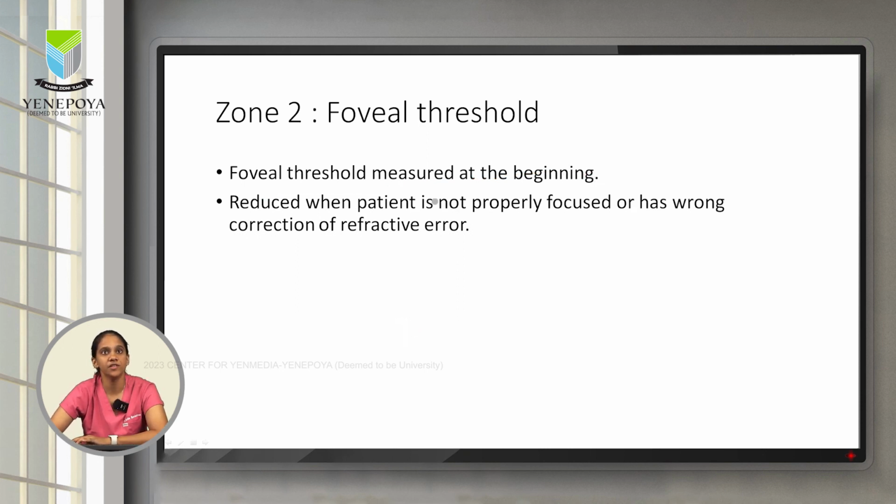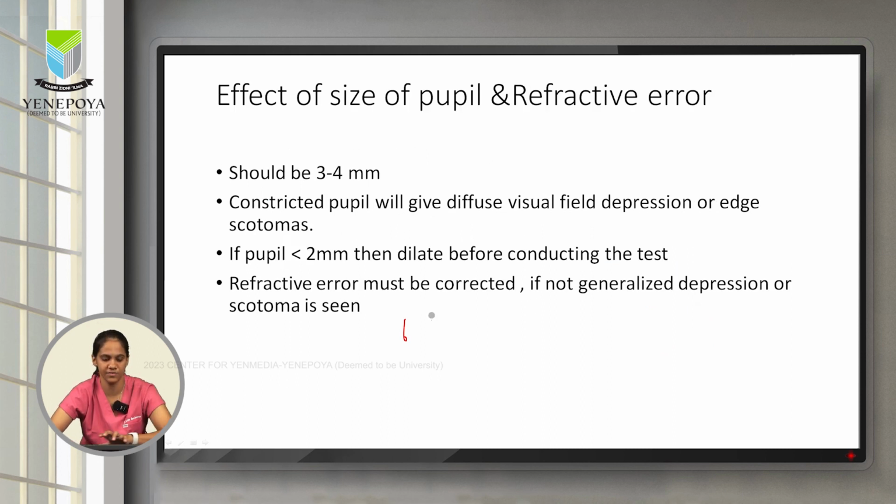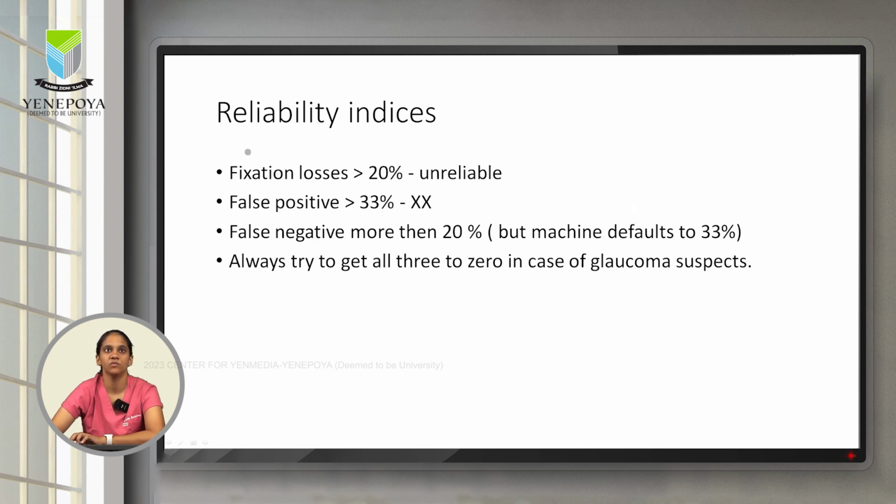So, normally foveal threshold will be somewhere around 36 decibels. If this number is reduced, it is only 28, then something is wrong. So, the first thing you have to look at is the refractive error, and then check if the patient is not properly focusing. All of that you have to do. So, that is why your refractive error correction is very, very important. Never neglect it. Moving on to your reliability indices.